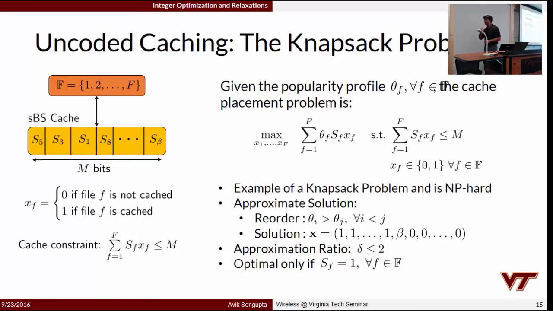Yeah, so basically this theta f, it's actually an expectation of the demands of the users taken over a time scale. So what you are doing here is maximizing an average downloaded data function. This is not a one-shot function.